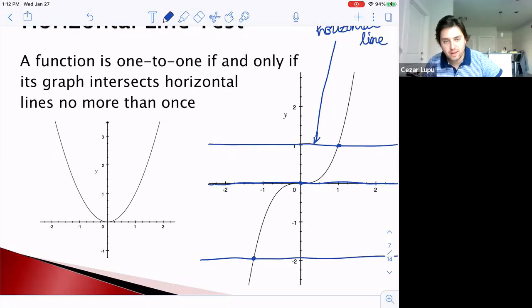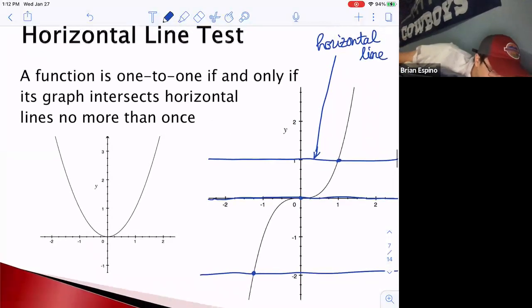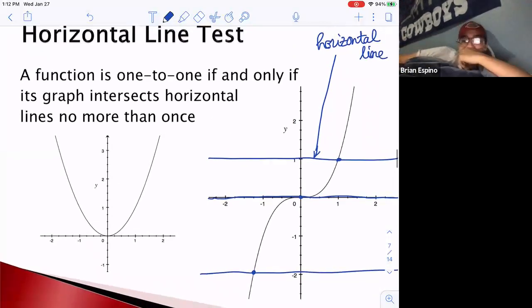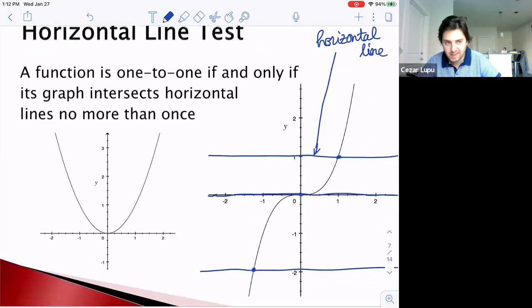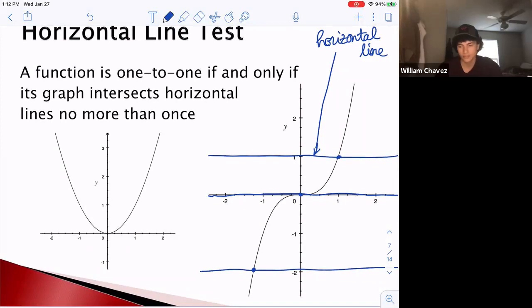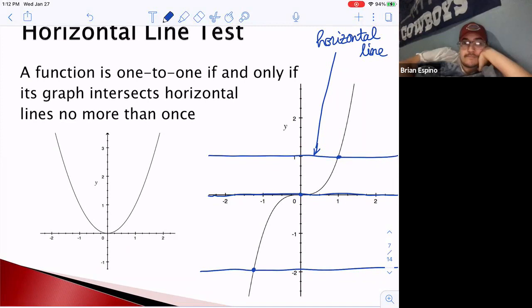Is it one-to-one or not? No. Why is it not? How many times does the horizontal line intersect the graph? Twice. Right?